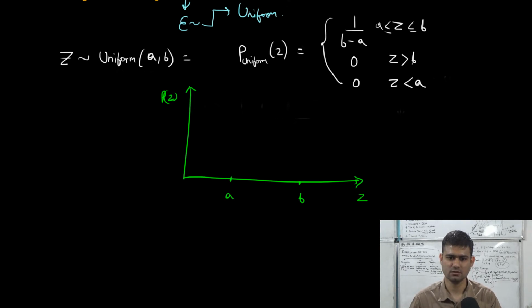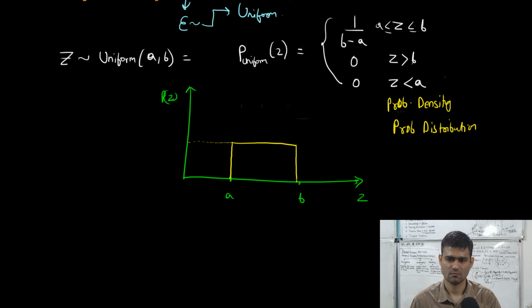So our probability density function would be constant. Sometimes we just call it probability distribution function, and we will clear up the difference wherever it matters. For this discussion, it wouldn't matter much. So the probability density function is going to be constant between A and B, and it is going to be 0 everywhere else.